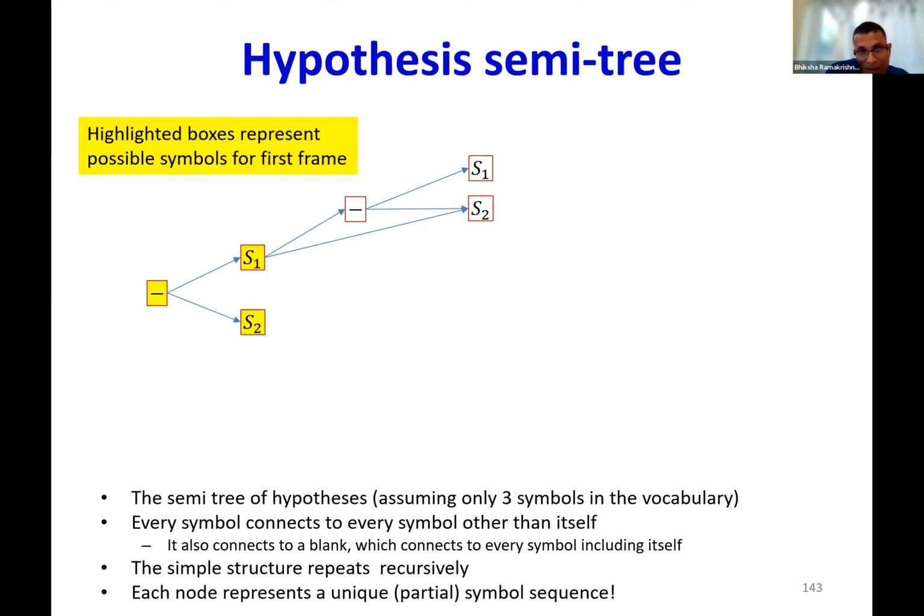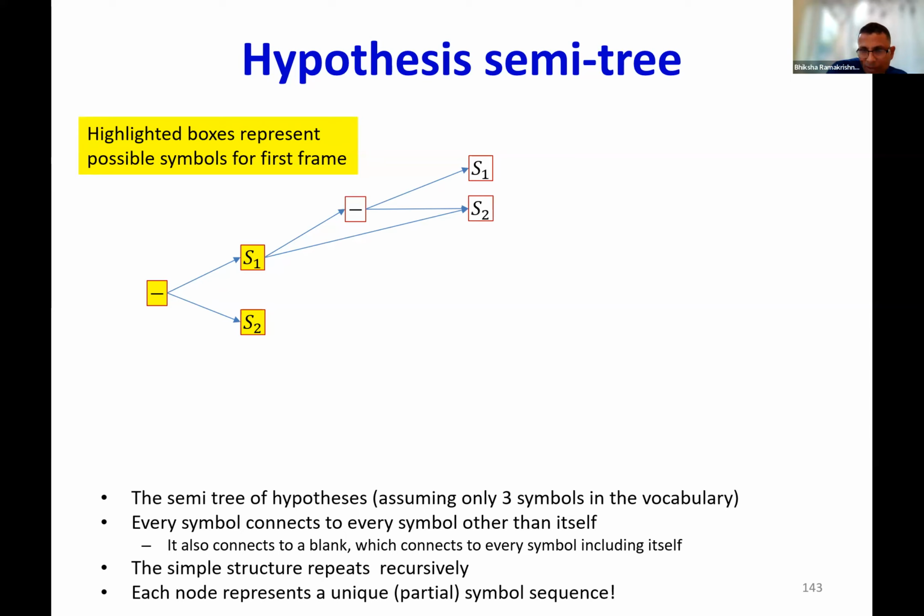But a blank can also happen between S1 and S2. So the upper portion of the graph represents all symbol sequences of length 2 which begin with S1. Did that make sense?